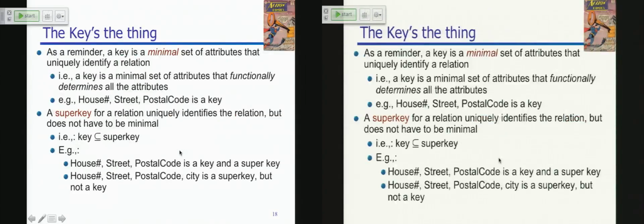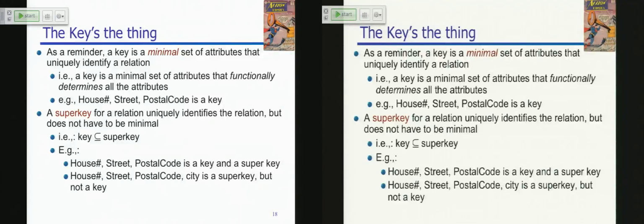A reminder on keys. A key is a minimal set of attributes that uniquely identifies a relation. Given that it's minimal, what we mean is that you can't take anything away from this key and for it to still be a key. Just a note that I could have a minimal key which is 2 attributes, and another key which is 3 attributes.